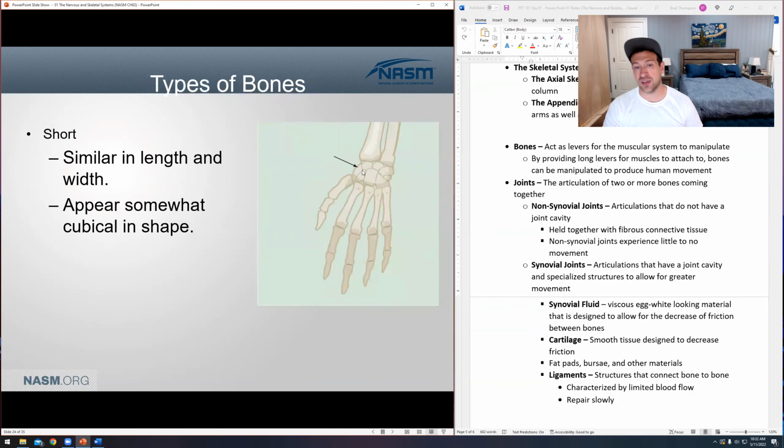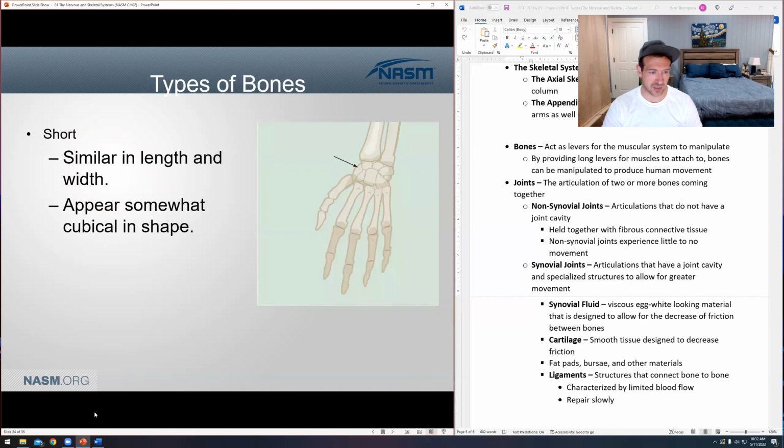The one like the wrist. Yeah, think cuboid bones. Your cuboid is actually the name of a bone in your foot, but sometimes they're called cube bones or cuboid bones because they are similar in length and width, though they're called short bones.